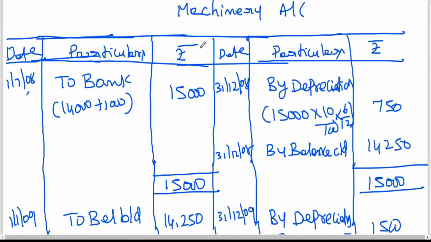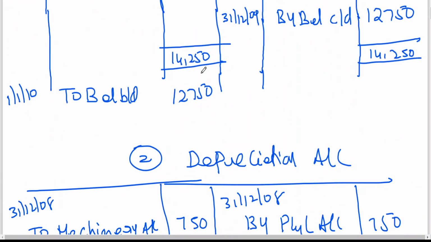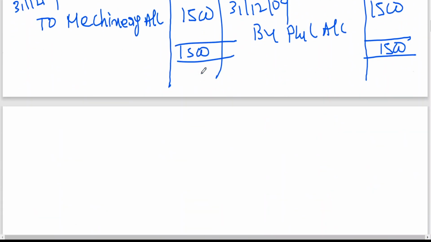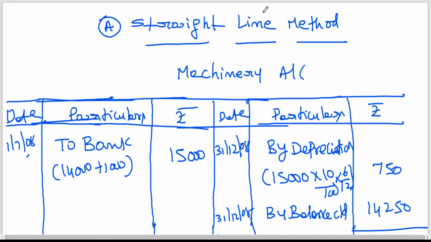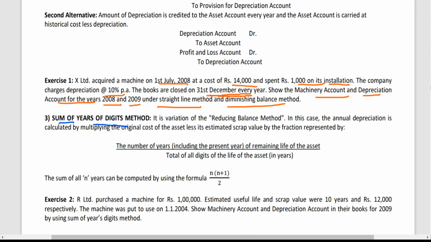Which method do I have to do now? Same problem under diminishing balance method. Diminishing balance method is asked.